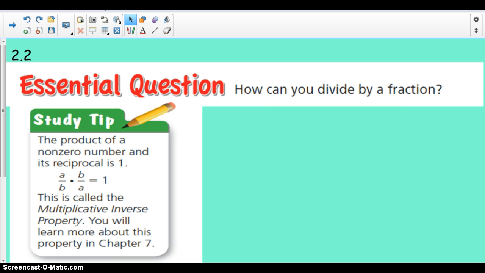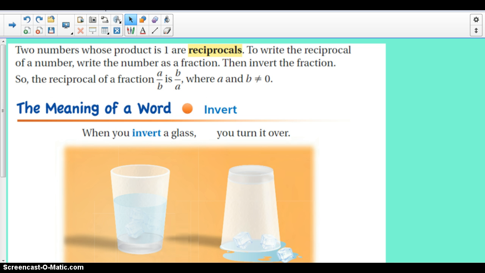You don't need to know this right now. You'll learn more about this in Chapter 7. Alright, like in the video, they did talk about a reciprocal. And when you are dividing, you must use reciprocals. To write the reciprocal of a number, write the number as a fraction.